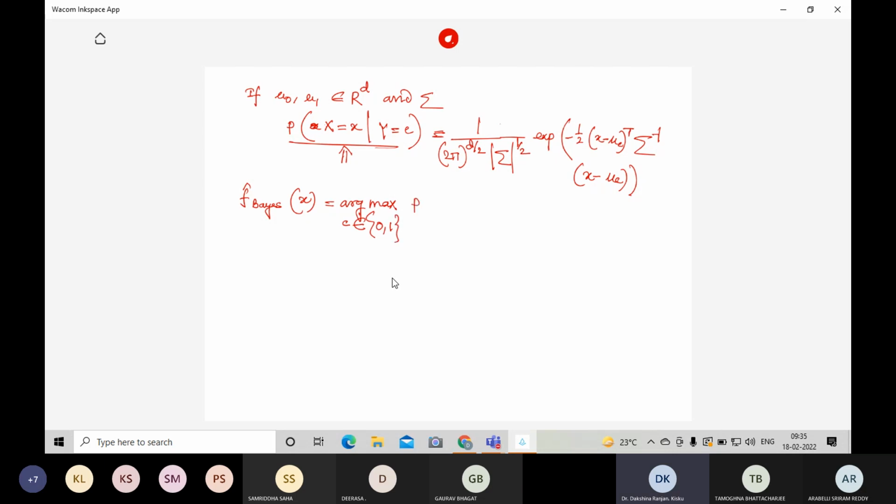We write the probability of y equals c, which is the marginal or prior probability, multiplied by the likelihood, X equals small x given class information small c. This function will be maximized so that we can estimate the most probable values for the mean and covariance matrix.